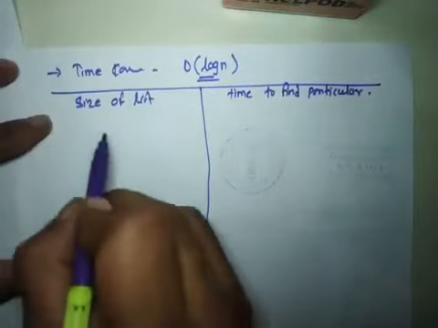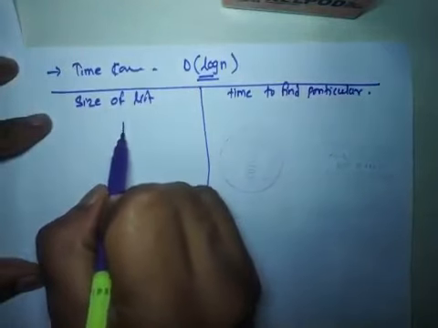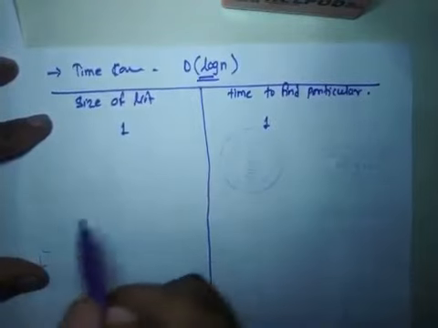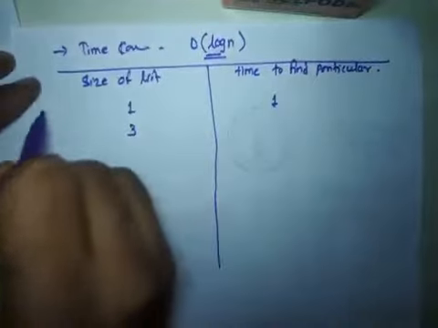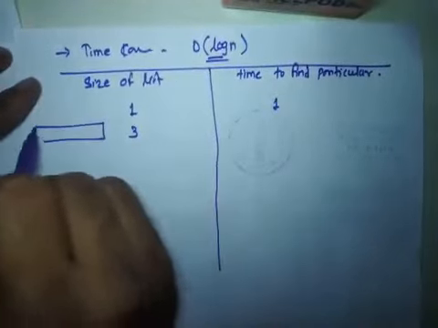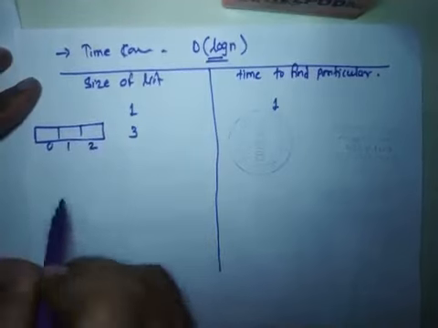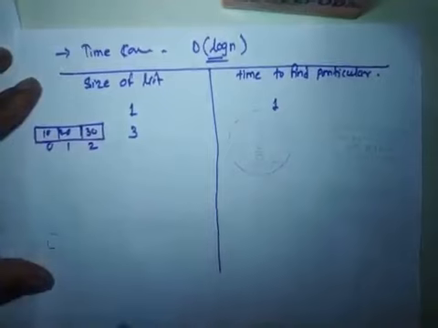Suppose in your array, or list, you have one element, so it will take one iteration only. Suppose in your array you have 3 elements: 10, 20, 30. So 3 elements are there.